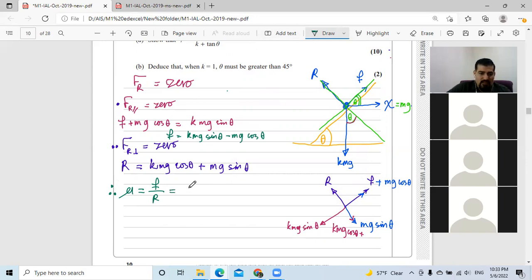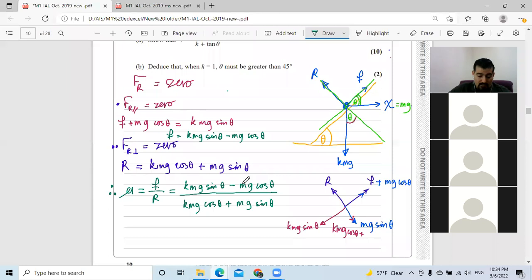So mu equals kmg sine theta minus mg cosine theta, all over the normal reaction, which is kmg cosine theta plus mg sine theta.